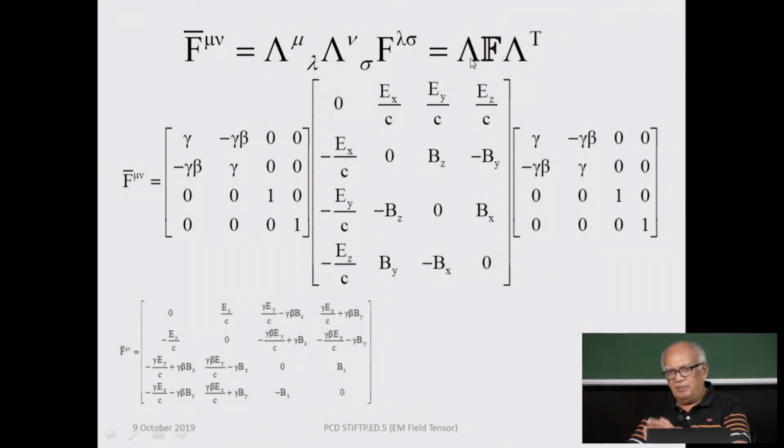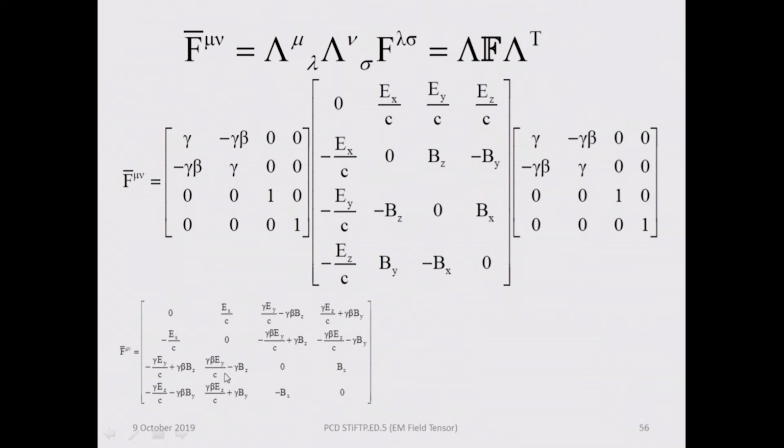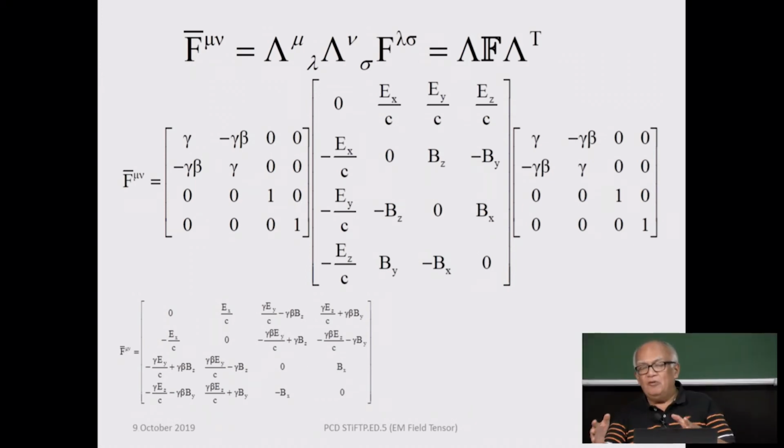This is how matrix transformations are always carried out, as I am sure you are familiar with, and this field tensor which you will get after this transformation, this is the result which I have written here, and the components are now scrambled. So, E and B get mixed, you end up having admixtures of these, because this is a multiplication of 3 4x4 matrices. So, rows and columns, and you know how to do this, you always do it pictorially in your mind, you go like this and then like this.